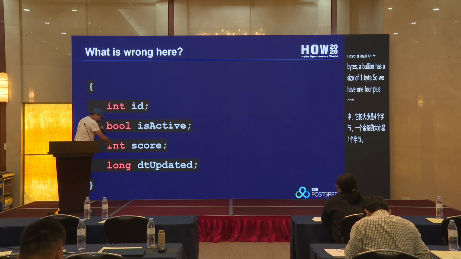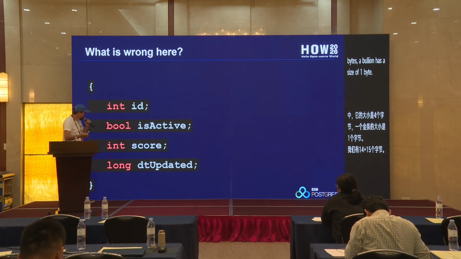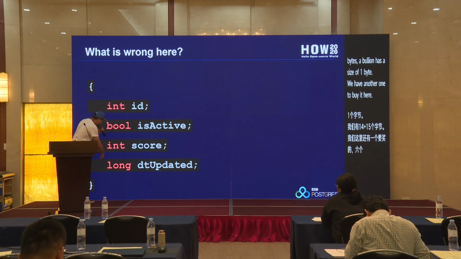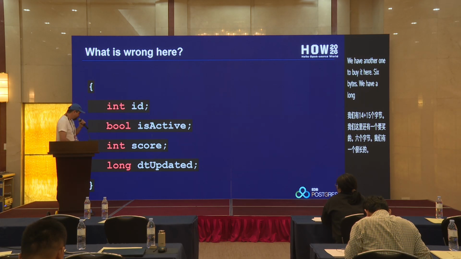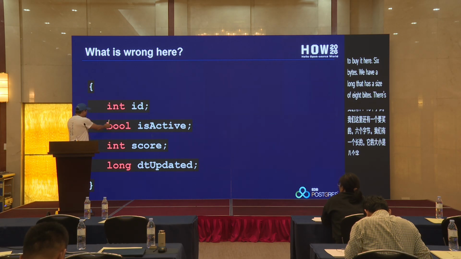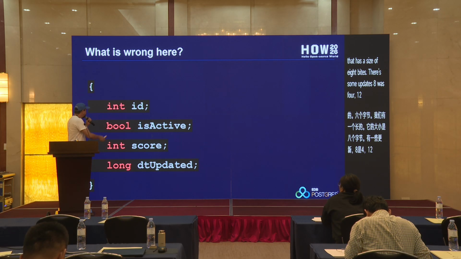We have another 1 byte here, 6 bytes. And we have a long that has a size of 8 bytes. So if you sum up, it's 8 plus 4, 12, plus 1, 13, plus 5, 17 bytes, right? So this is the size we're going to occupy in memory.